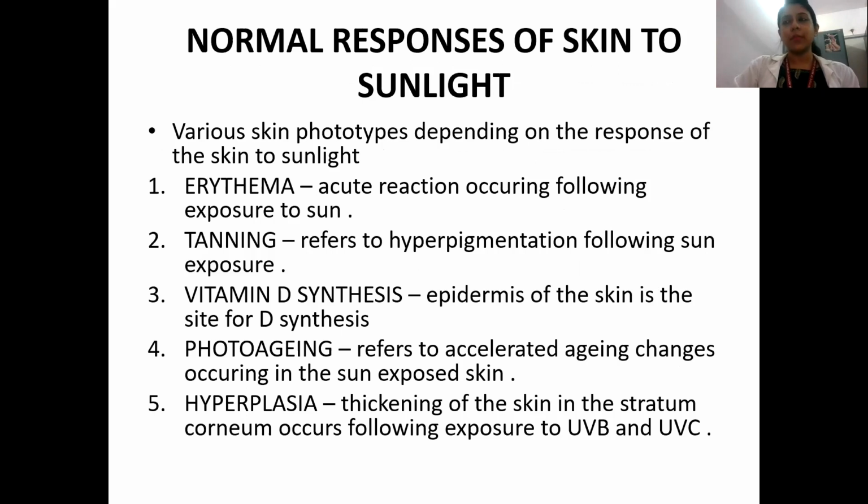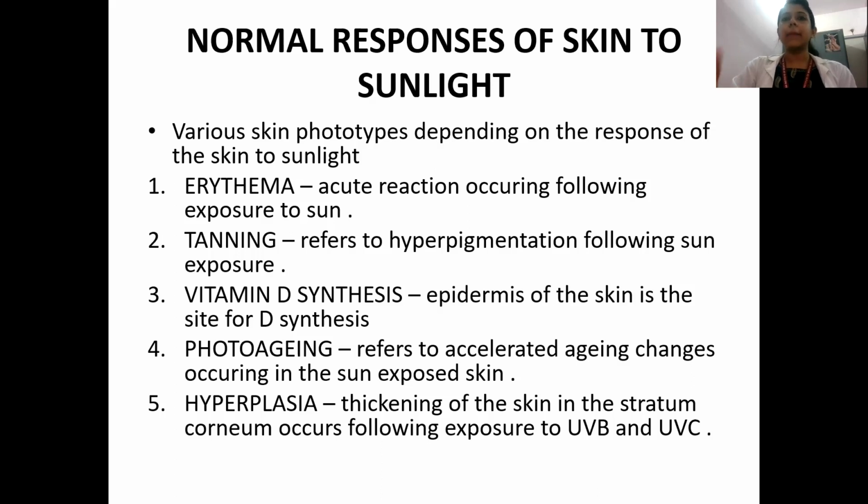Now, the different normal responses of the skin towards sunlight depend on the skin phototype, according to the response of the skin to sunlight. They can either undergo erythema or tanning or vitamin D synthesis, photoaging, hyperplasia. So what is erythema? Erythema is an acute reaction over the skin which occurs due to sun exposure.